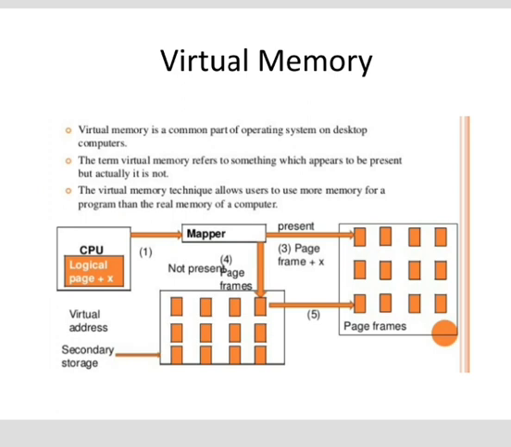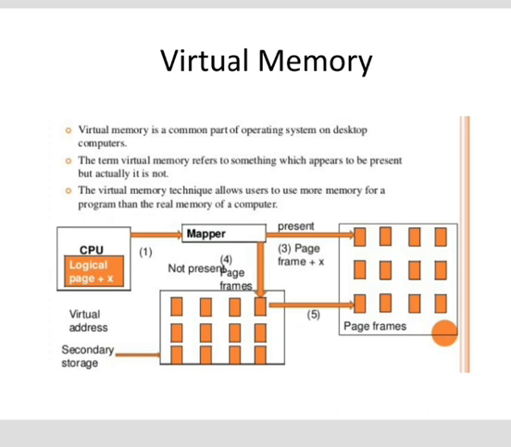So, virtual memory is a common part of the operating system on desktop computers. The term virtual memory refers to something which appears to be present but actually is not. The virtual memory technique allows users to use more memory for a program than the real memory of the computer.